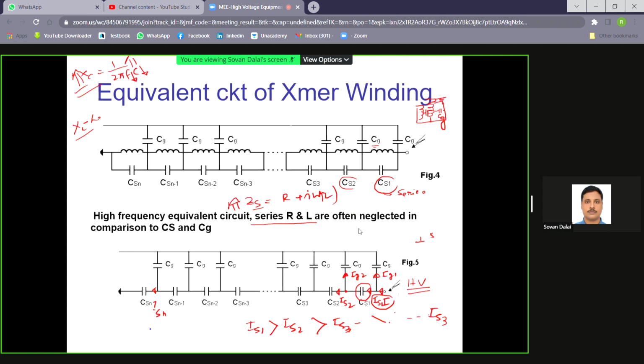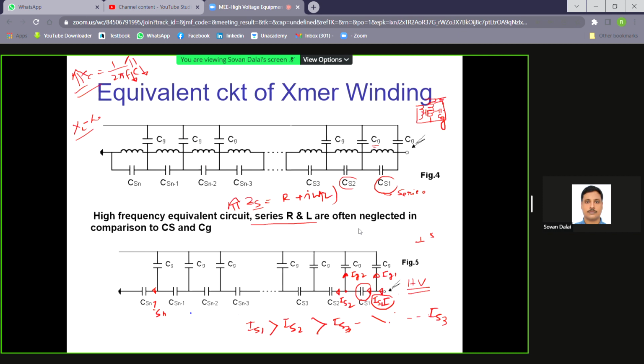Is it clear why the voltage distribution is non-uniform? It is non-uniform because at every junction the current is divided into two parts. Some current is consumed by the ground capacitor, so the current sharing in different discs is different, and if you gradually proceed from the line end to the earth end, it gradually decreases.